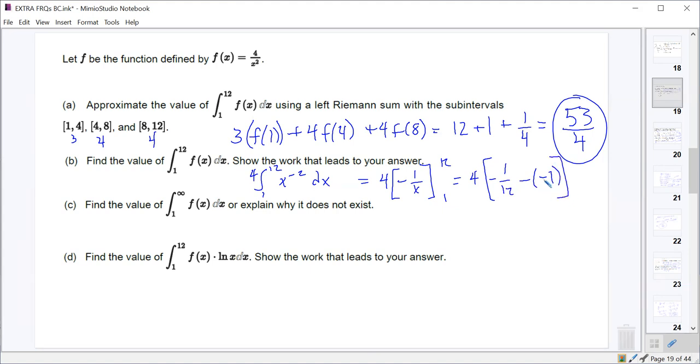And what does that come out to be when we simplify that down? So 11 twelfths, right? Negative 1 twelfth plus 12 twelfths is 11 twelfths, 44 twelfths. 44 twelfths ought to be what? Divide that by 4, 11 thirds. All good there or no?